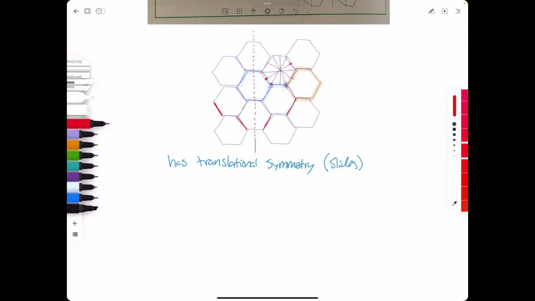In a tessellation, I could draw any of these as a line of symmetry. It will map to itself when you fold it along any of those lines. If you continue any of these along here, it should map to itself. So there are lots of different types of symmetries within here.